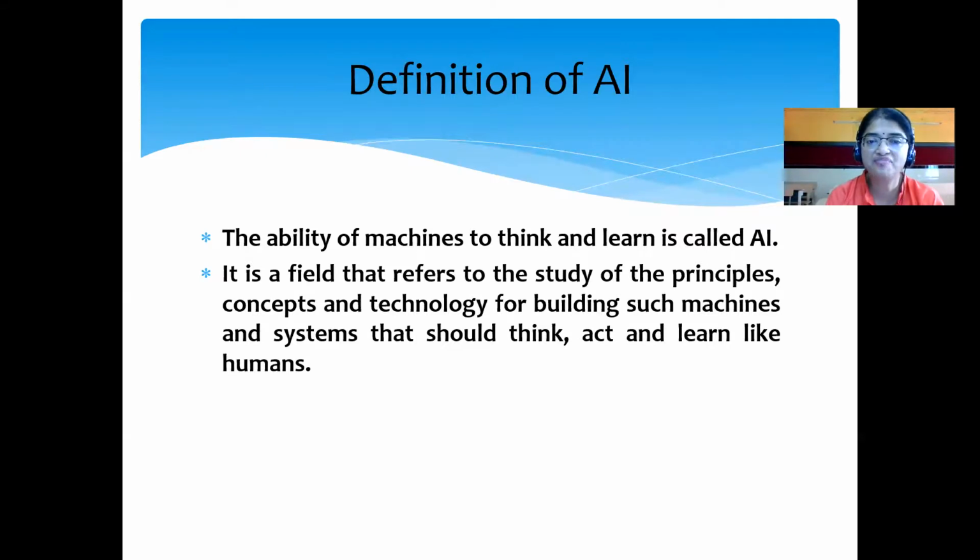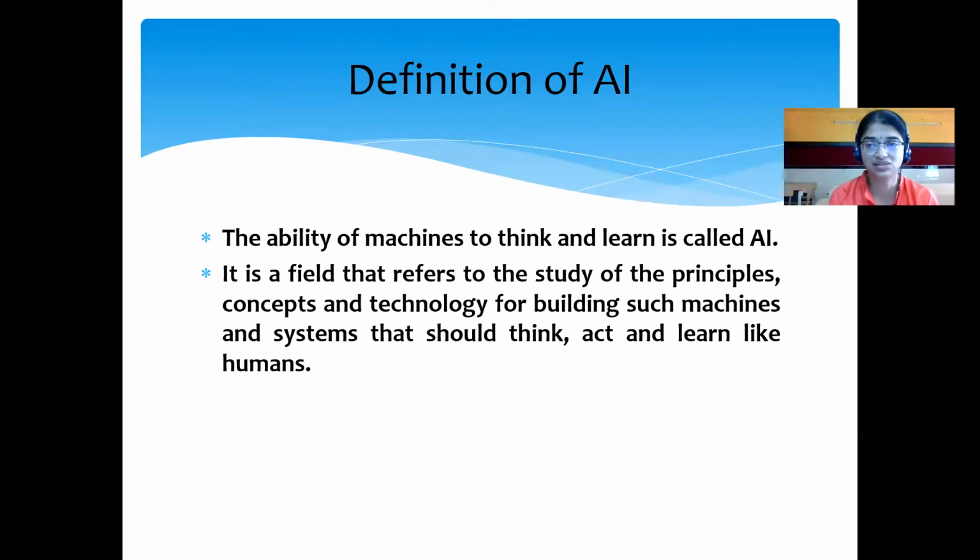The ability of machines to think and learn is called AI. What is human intelligence? The ability of human beings to think, learn and act accordingly is called human intelligence. But if machines can think and learn on their own, then I can call it AI. It is a field that refers to the study of principles, concepts, and technology for building such machines and systems that should think, act, and learn like humans.